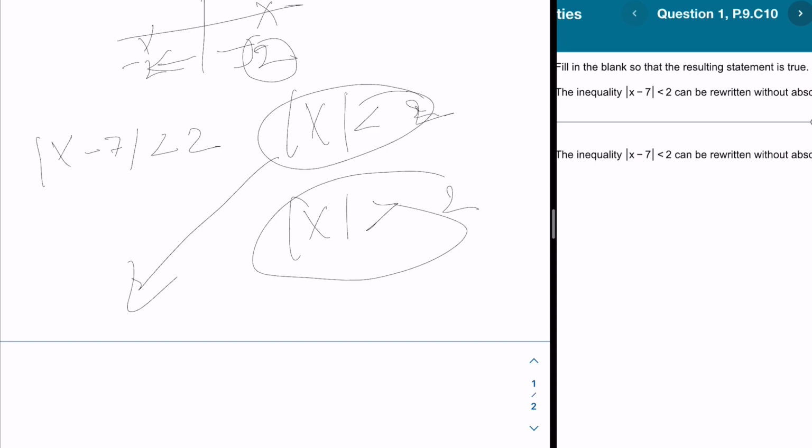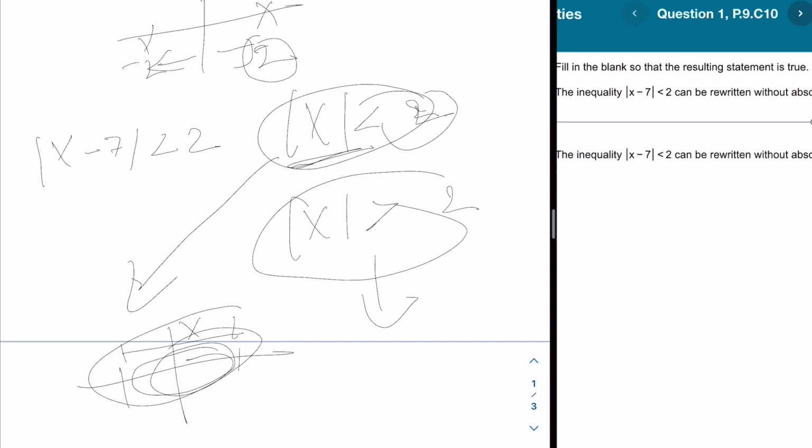For the first graph, this can be like this. So x belongs to this interval. If the absolute value is less than the given number, then the graph, the interval, will look like this.